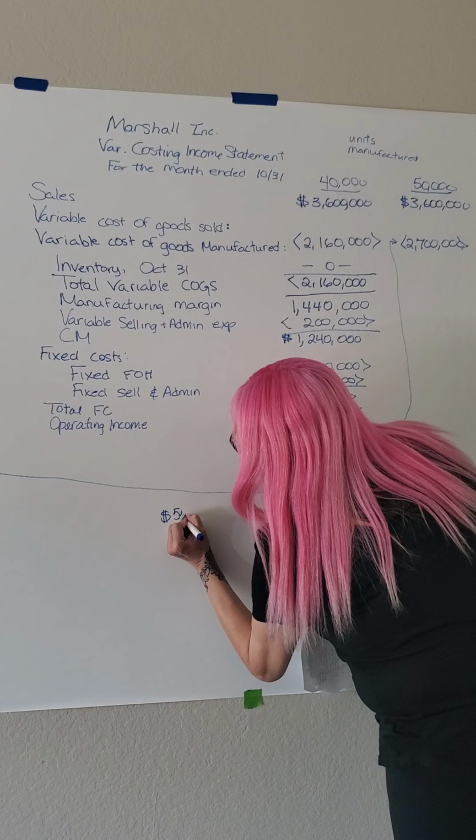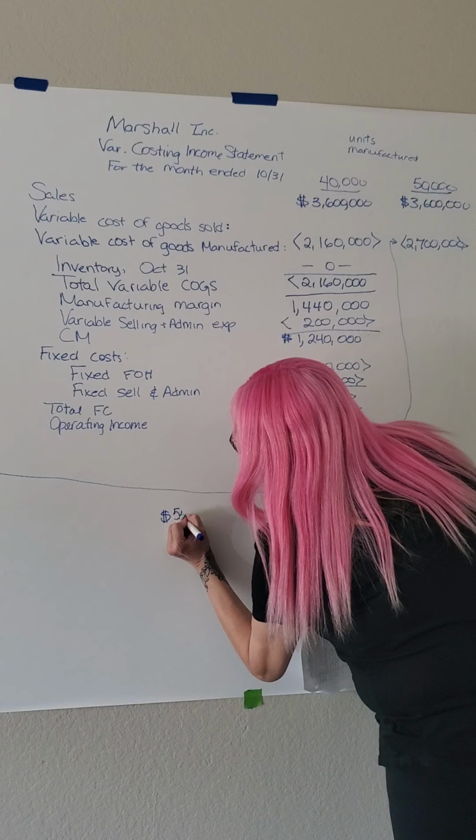But look, we see that our operating income increases by $24,000, and that's due to fixed factory overhead costs being inventoried into an asset, so we won't have to recognize those till we sell those items. All right, so that's how you're going to do the absorption income statement for this problem.